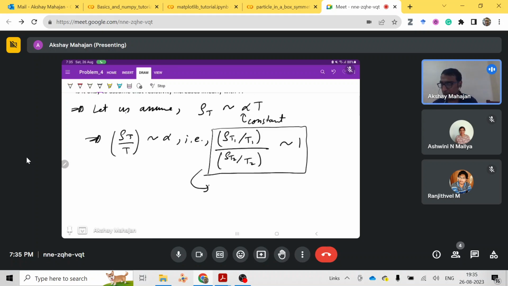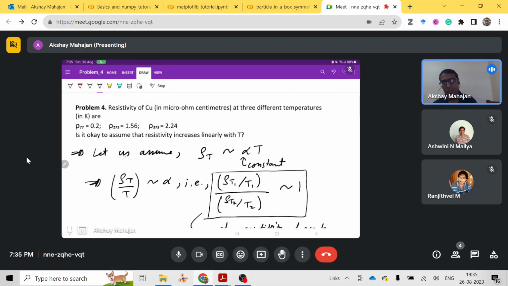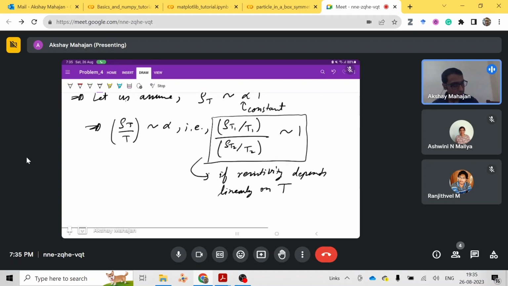This will happen if resistivity depends linearly on temperature T. There could be a square dependence as well, and someone may want to check some alpha T squared, and we can go in a similar fashion.